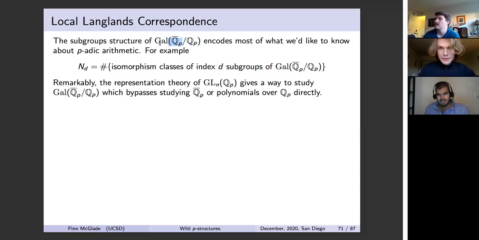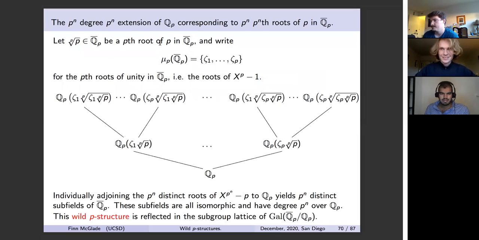Question? Yep. On the previous slide, why is it important that we take the p-th root of p and not the p-th root of any other number? It has to do with the fact that x^p minus p is an Eisenstein polynomial.